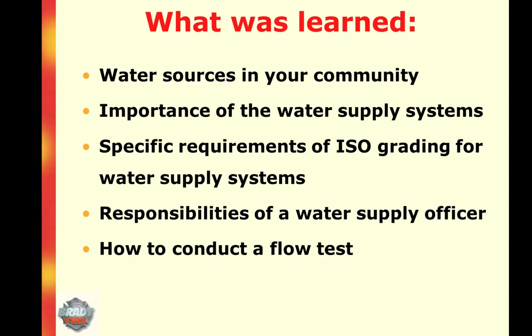The water supply officer is responsible for system and source data, determining capacity, developing maps and a card system, and conducting inspections. A flow test is important because water flow information is necessary to determine strategies for fire protection and to make sure that you have enough water for the sprinkler system.